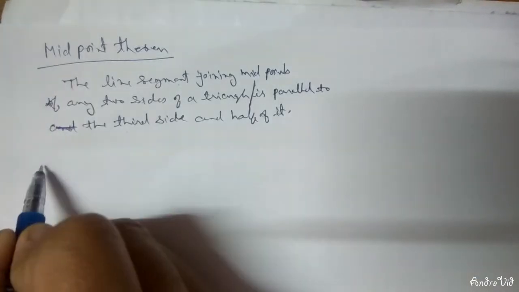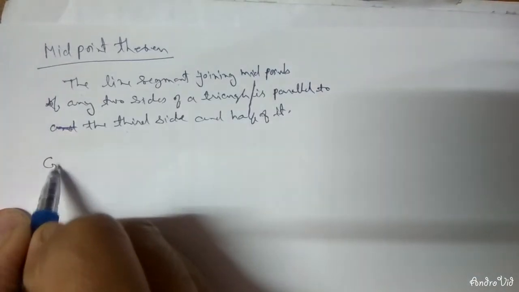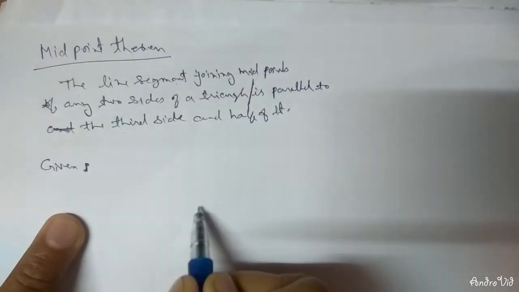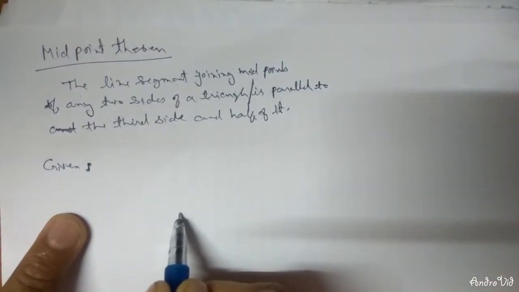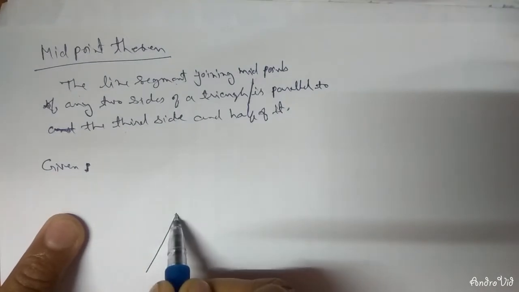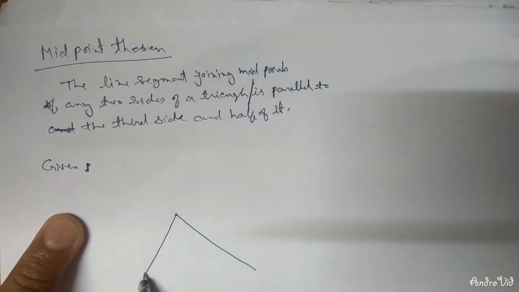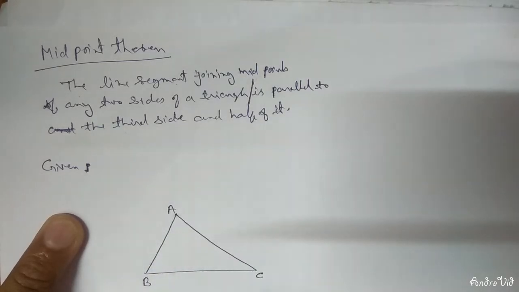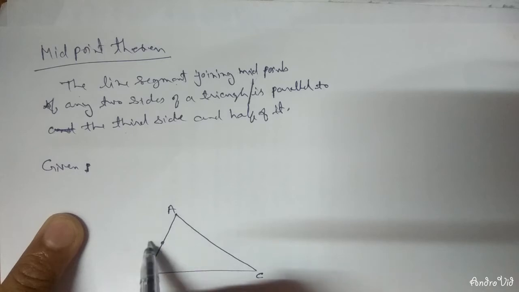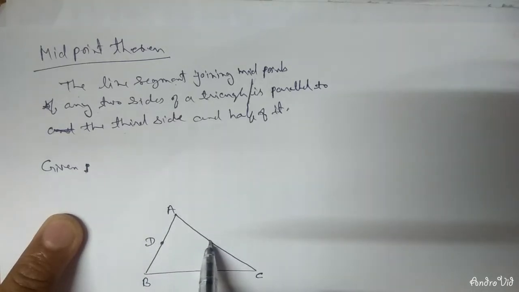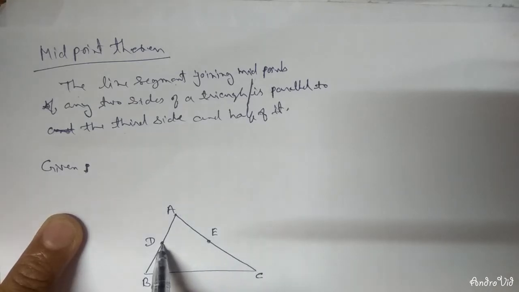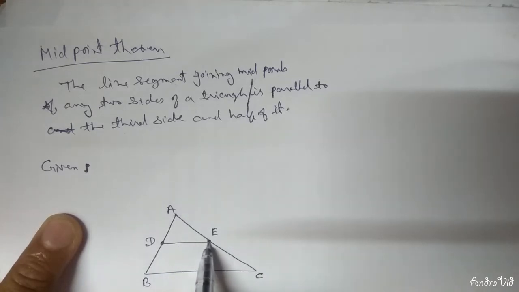So we will write in given part a triangle, say ABC, in which midpoint of AB is D and midpoint of AC is E, and DE are joined. This line segment is given.